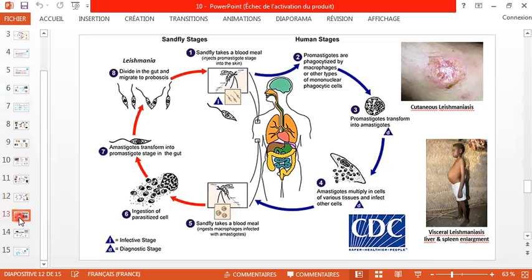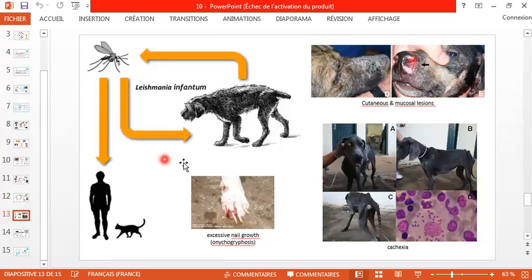Here are the symptoms in humans, and let's see the symptoms in dogs. So the dog may suffer from, here you have excessive nail growth. Okay, the dogs infected with leishmania in general have longer nails, and we talk here about onychogryphosis. It is not like in human beings.